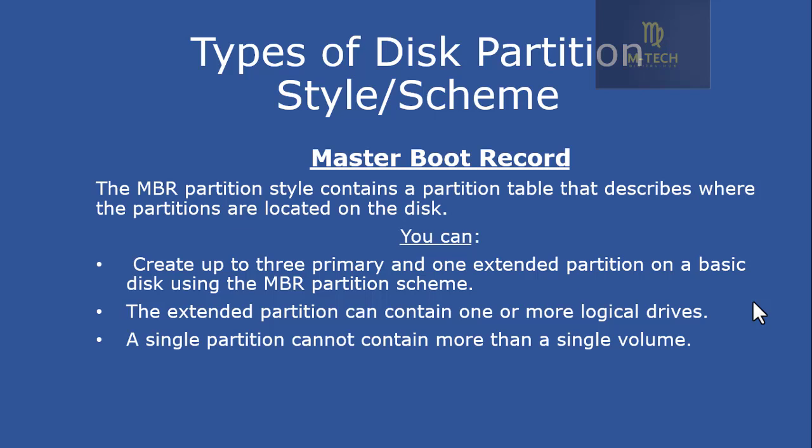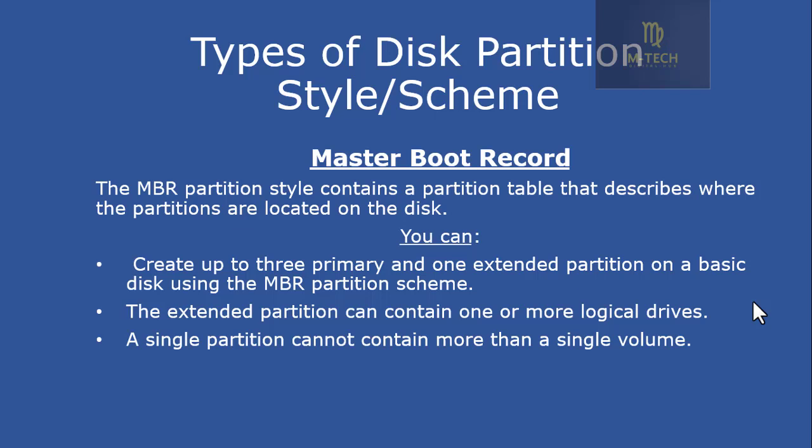So when the partition style for your hard disk is MBR, these are the things that you can do. You can create up to 3 primary and 1 extended partition on a basic disk using the MBR partition scheme.